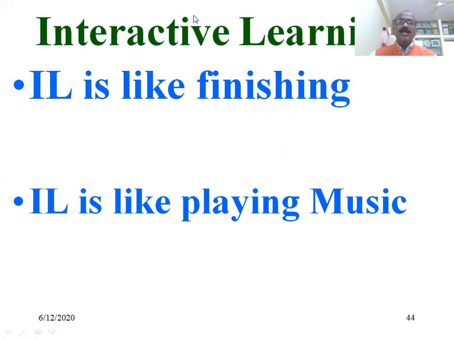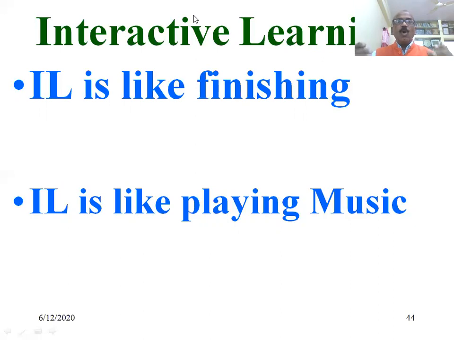In another word, interactive teaching and learning is like playing music with the students. It means that when students are involved in the discussion, when they are participating in the discussion, each and every student is alert.